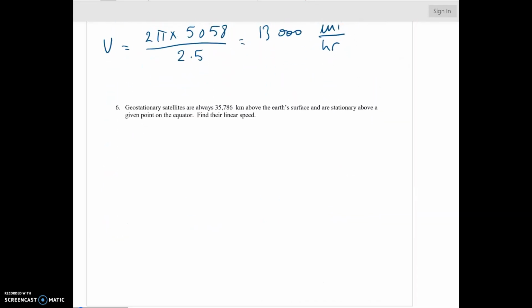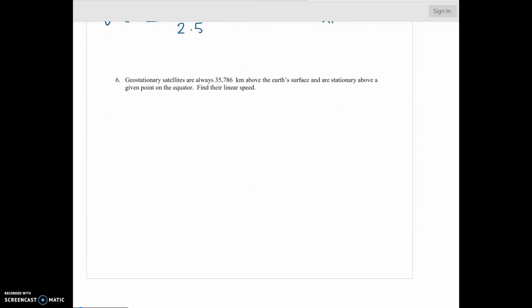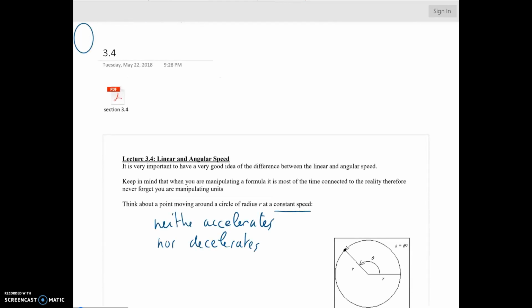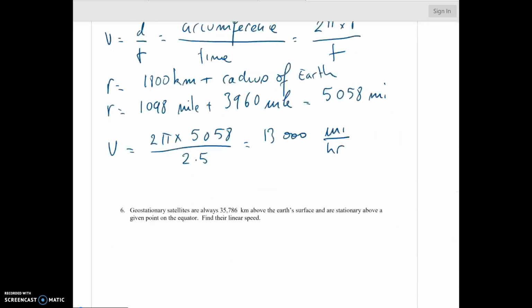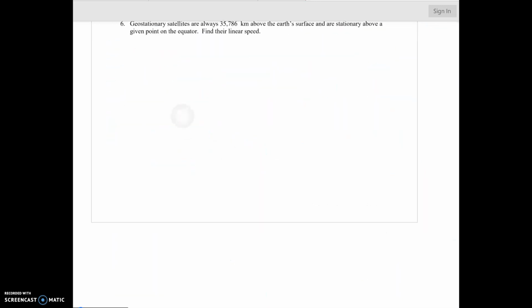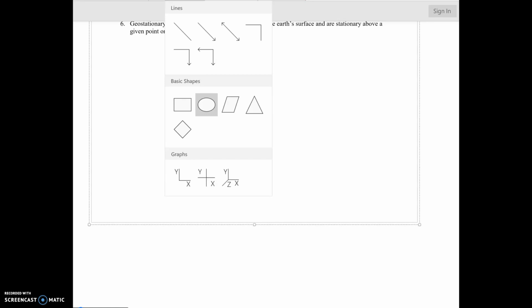Question number 6. On this question number 6, geostationary satellites are always 35,786 kilometers above the Earth's surface and are stationary above a given point on the equator. So, if I represent, again, this is not what I'm looking for. I want to graph the Earth. So, let me do this. There we go.